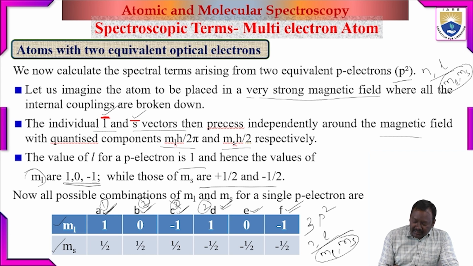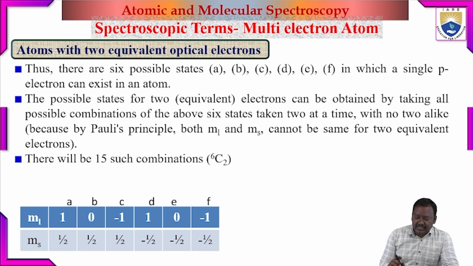So like that, there could be a particular number of combinations. These are the states of electrons. There are 6 possible electron states for those electrons in that atom.